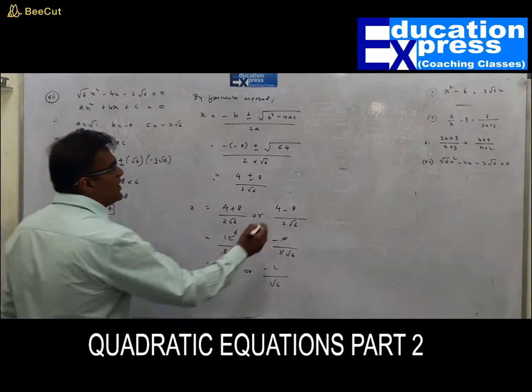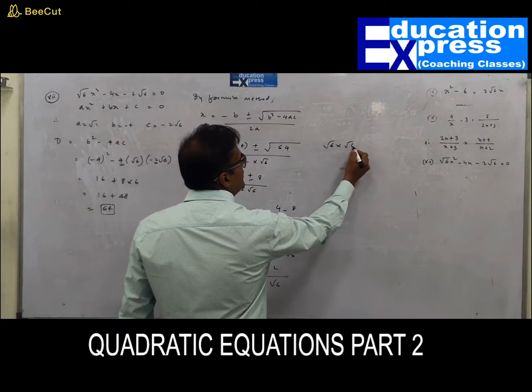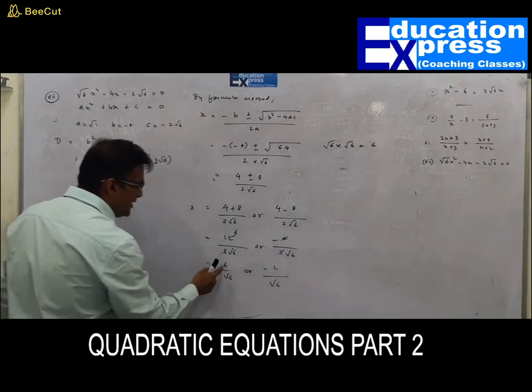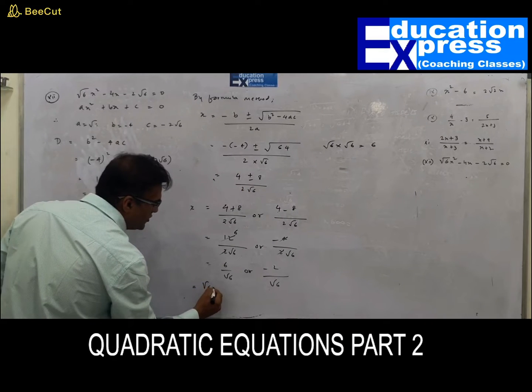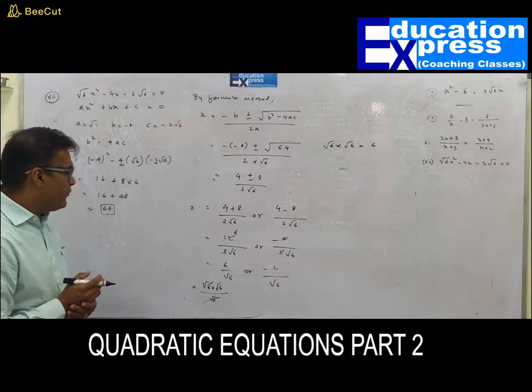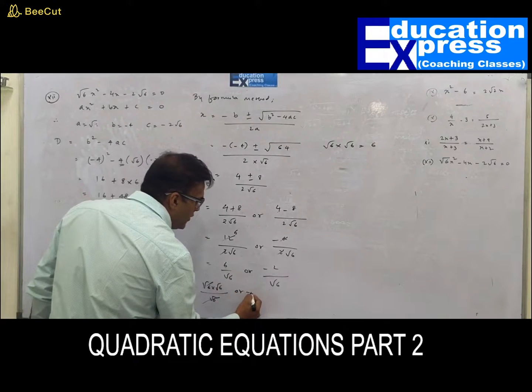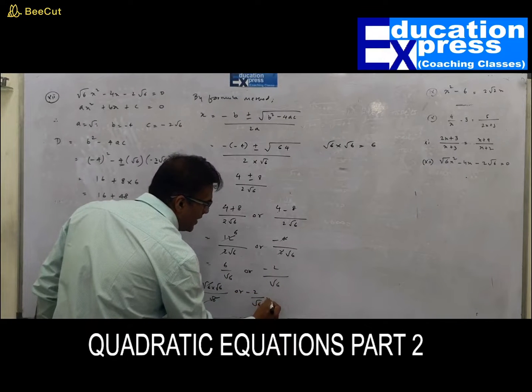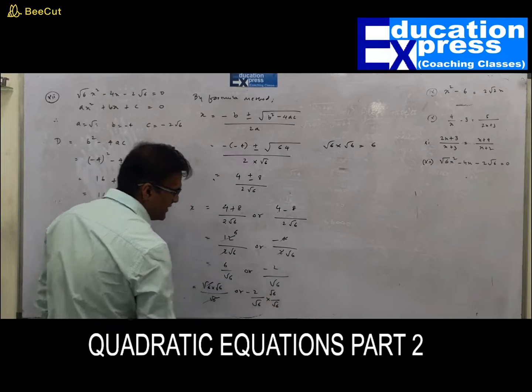Over here, as you know, root 6 into root 6 equals 6. So this 6 can be split into root 6 into root 6 upon root 6, which will ensure that this root 6 is eliminated.